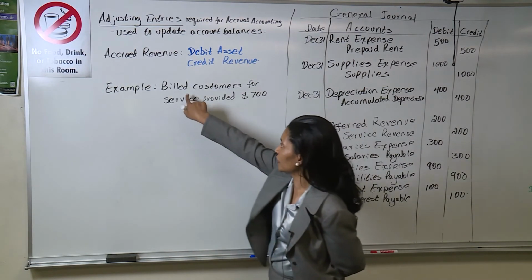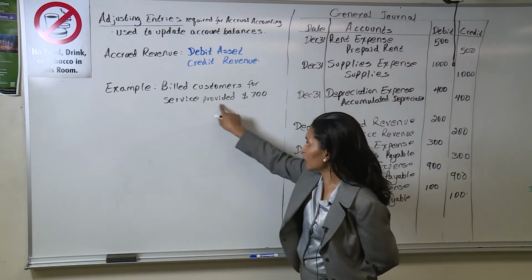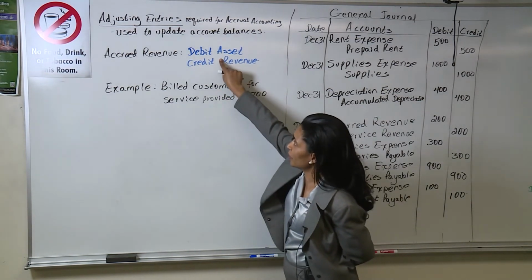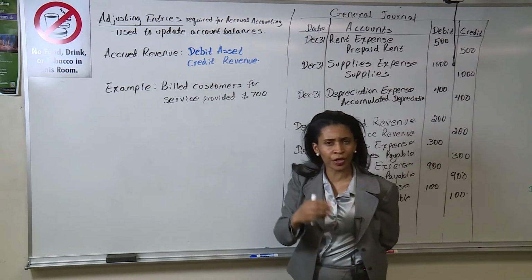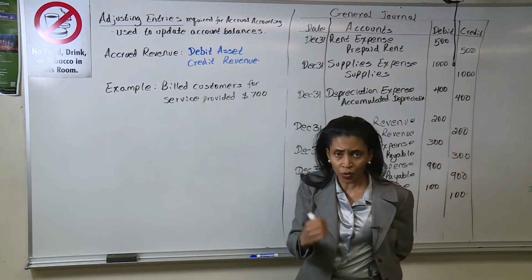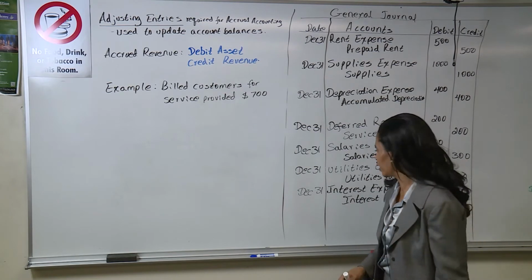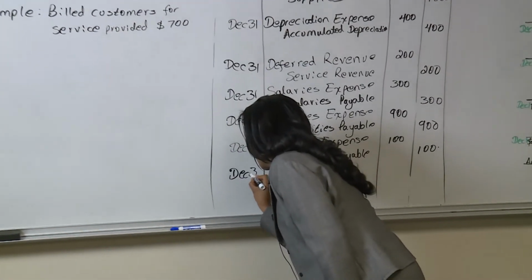So for example, in this one, we billed customers for service provided, $700. In this case, we debit an asset account and we credit the revenue account because we earned the revenue, but we didn't get the chance to record it. So here, it's going to be December 31st again.